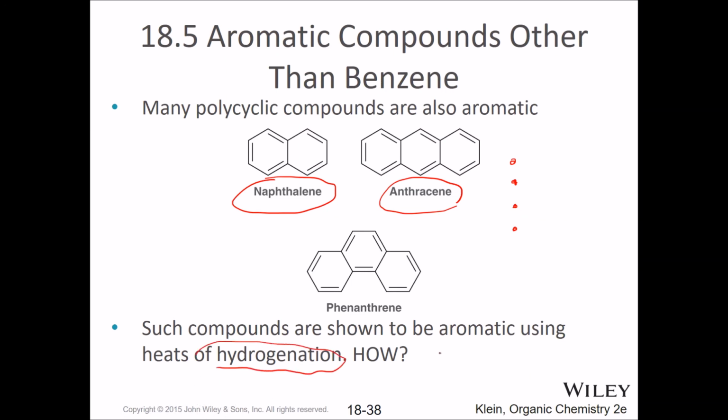So what I want you to do, this is the last exercise for this video, is to design an experiment. In other words, just say what you're going to do. And of course, the key is right there. Say what you're going to do to show that those are aromatic. It's very much like what we did in the beginning of this chapter.